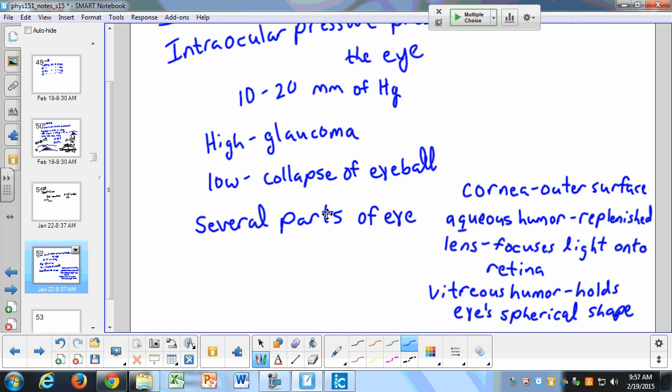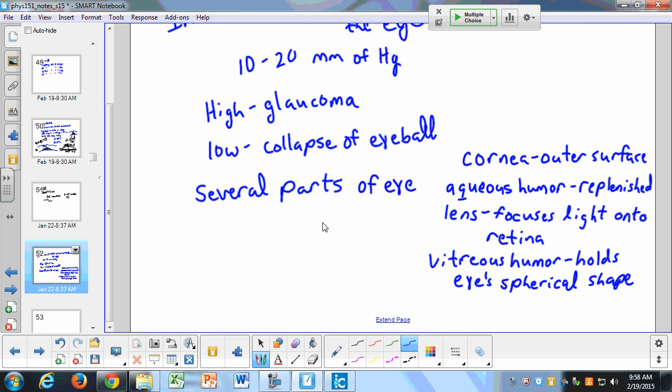And this actually is not replenished. So what you have here is what you've had your whole life, vitreous humor. And then also the retina detects the light at the back of the eye. We'll talk about how that works in a later chapter.